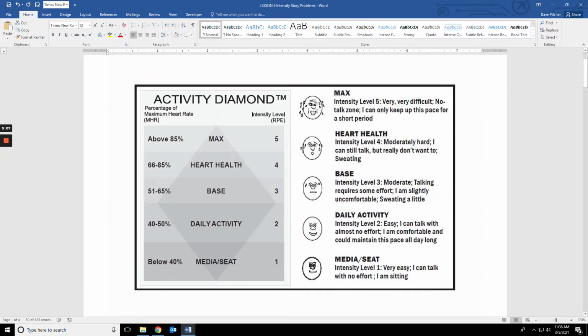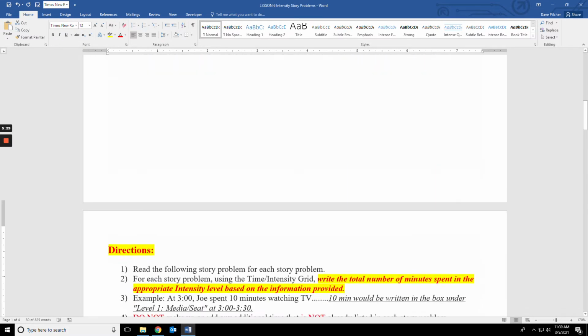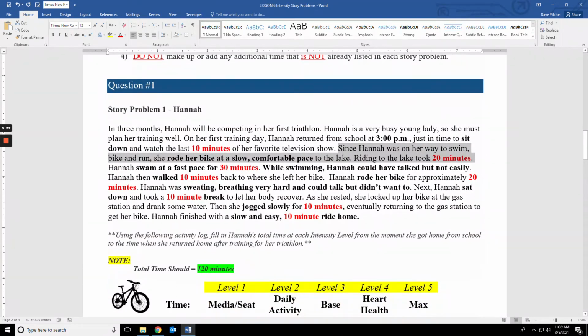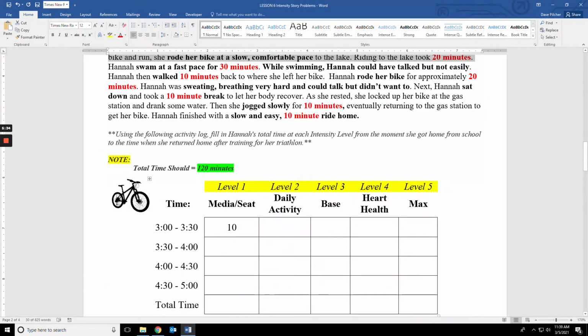Where would riding my bike at a slow, comfortable pace fit? If we look at intensity level 2, daily activity, it talks about being easy, talks about being comfortable. So with that, and because it was a slow, comfortable pace, I'm going to put riding the bike under daily activity.